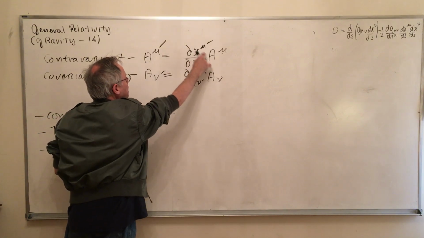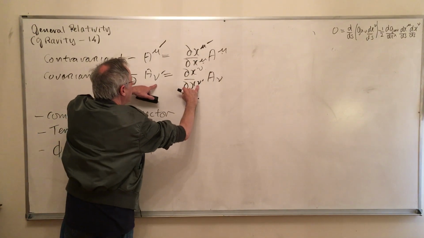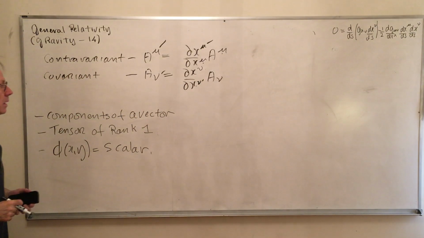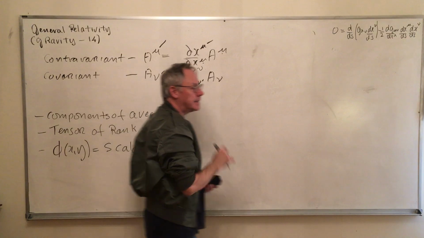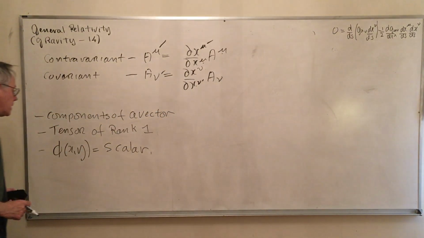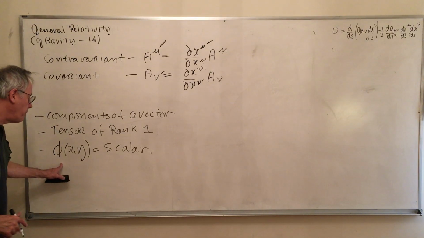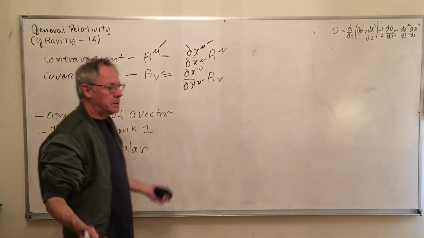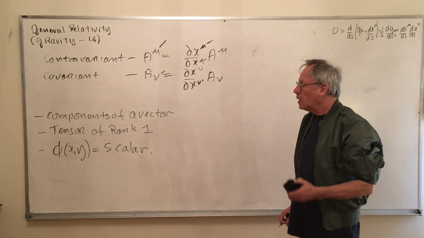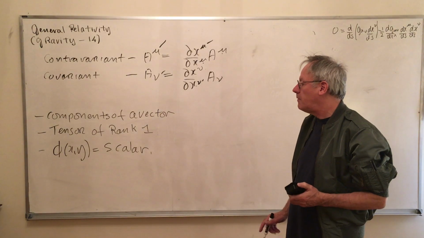I don't know why I put a mu up here, it doesn't matter. Some people call these summation indices dummy indices. I don't like that, there's nothing dumb about them. Now let's look at, oh yeah, by the way, a scalar, it doesn't transform. It's an invariant. From one coordinate system to the next, it has the same value.